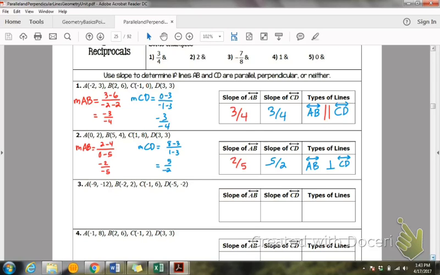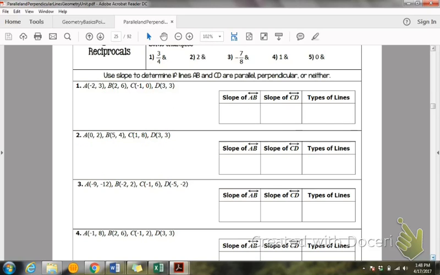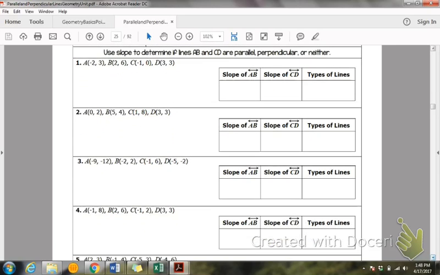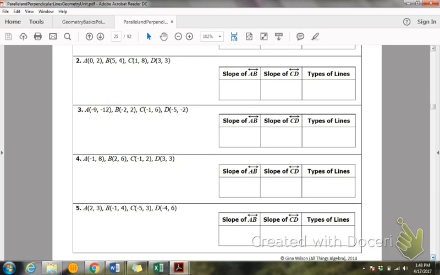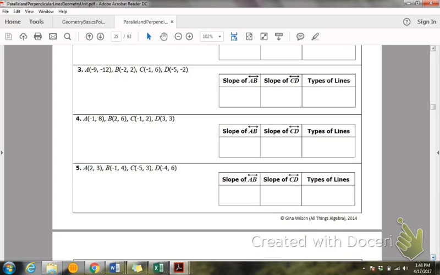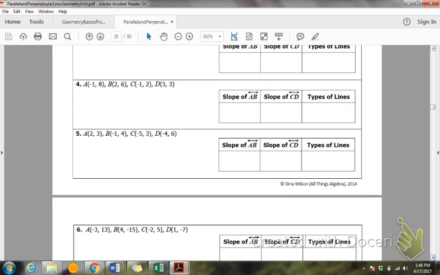Okay, let's skip down and let's do example 4. Let's do example 4. Once you get finished, I want you to check with your neighbor and see if you get the same thing.